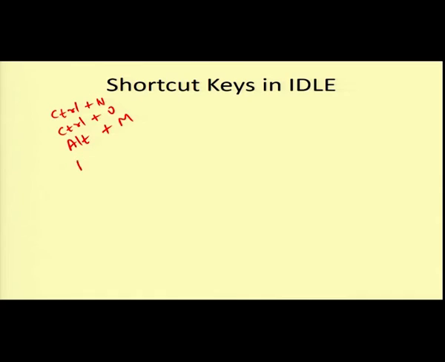Now, if you want to open a module browser, it is Alt and C. Alt button plus C. Here it is opening a new file. Here it is open. Open module. Here it is module browser.